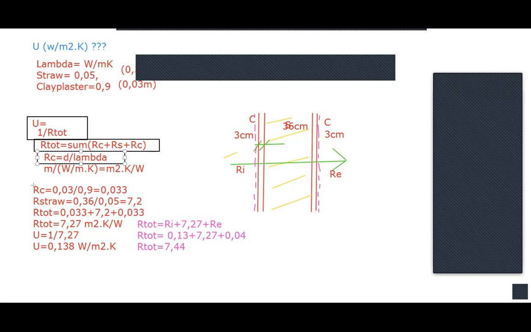Yeah, there are only these equations, the two things you need to remember, and the other things you measure or know from the thickness of the materials you have, or you look up your lambda values. I think it's very interesting and important to get a picture of the different lambda values for different materials.